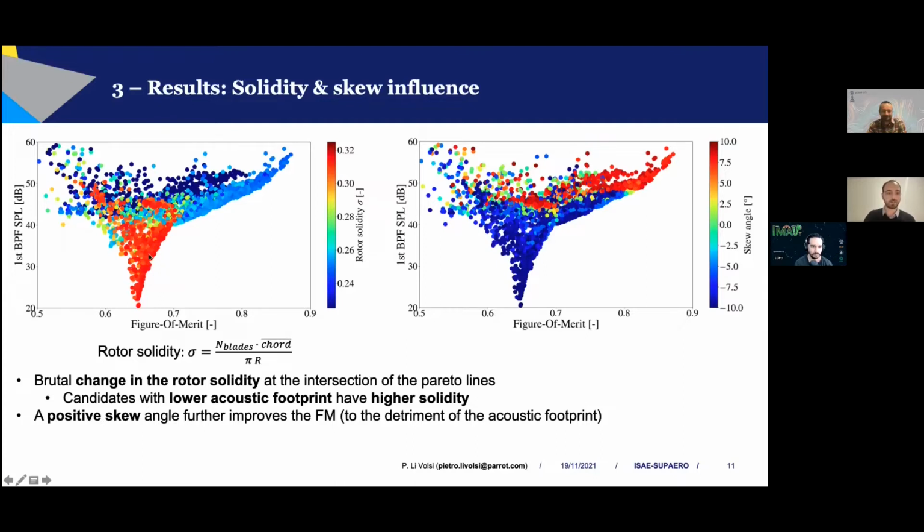In fact, candidates with lower acoustic footprint have higher solidity. A positive skew angle further improves the figure of merit, of course, to the detriment of the acoustic footprint.